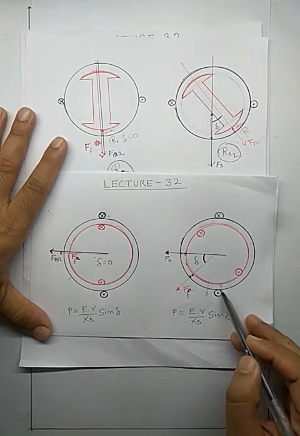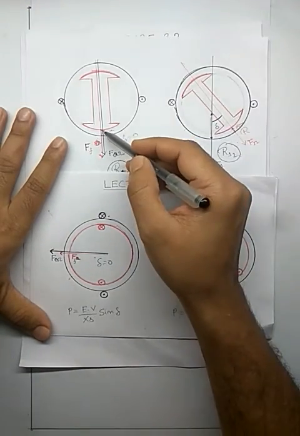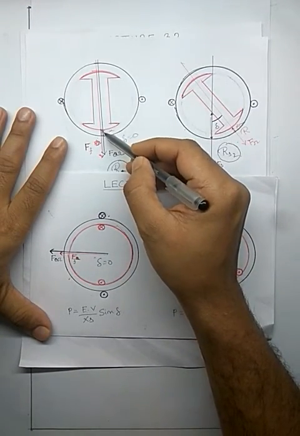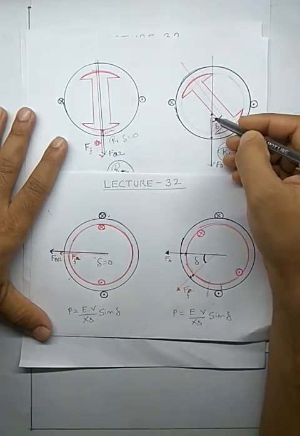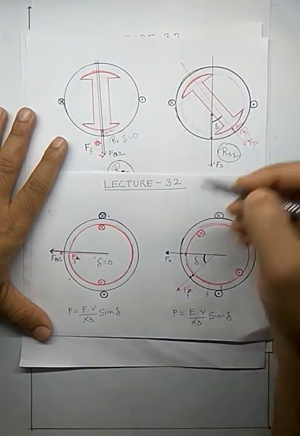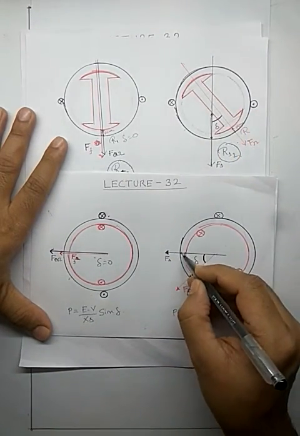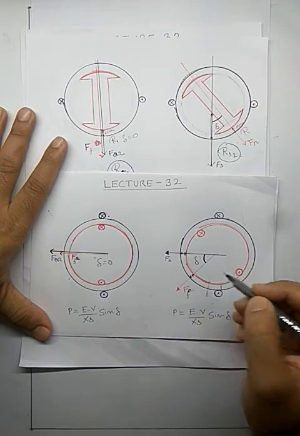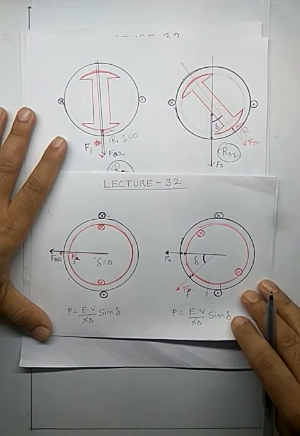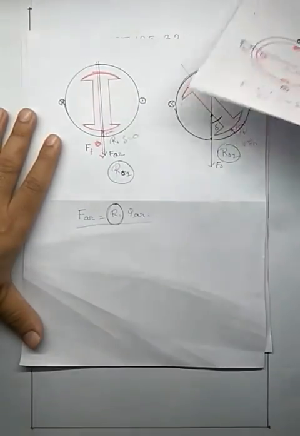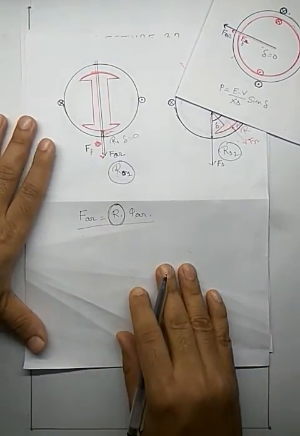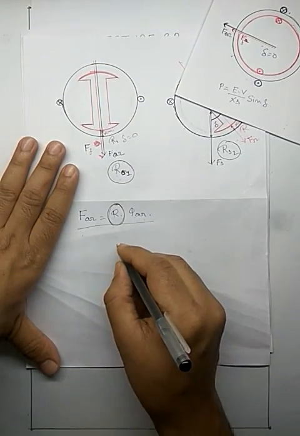Here the air gap is constant, yet the air gap is not constant for the stator flux. For the stator flux, here the air gap is small, here the air gap is large. For the rotor, wherever the rotor flux goes, the air gap remains the same. So how to analyze this? Let's draw the phasor diagram once again.